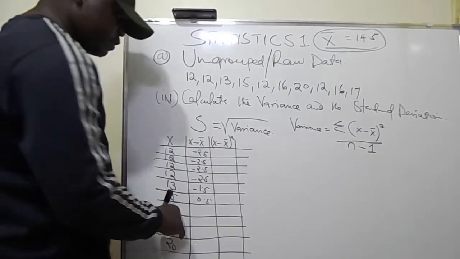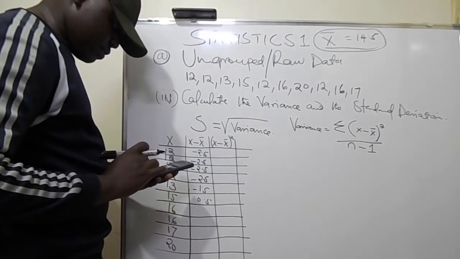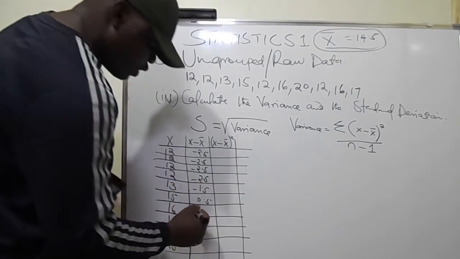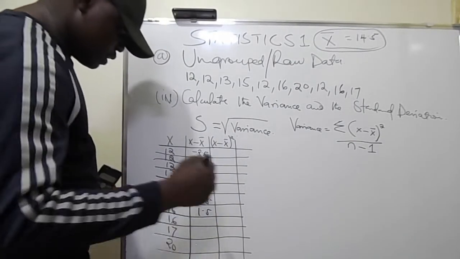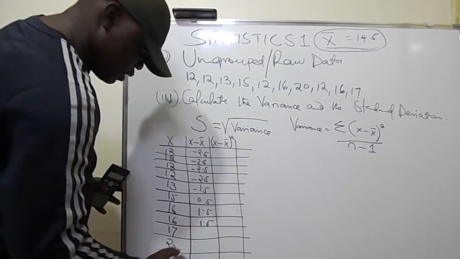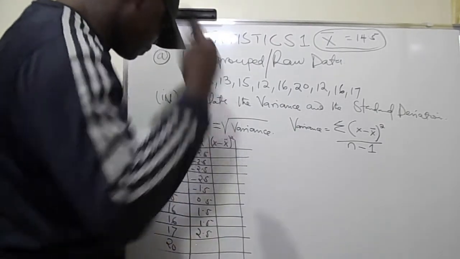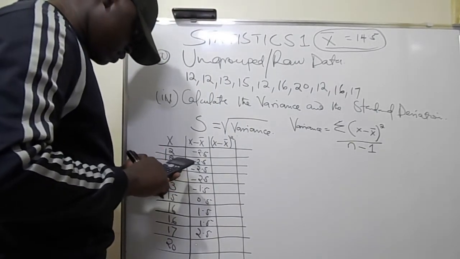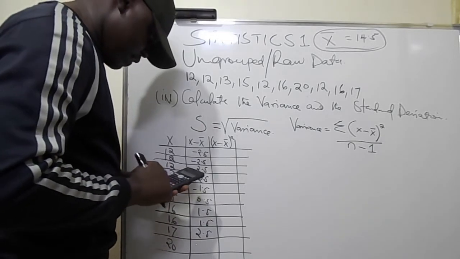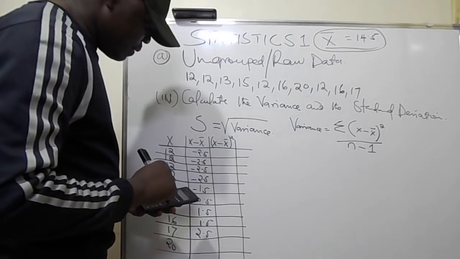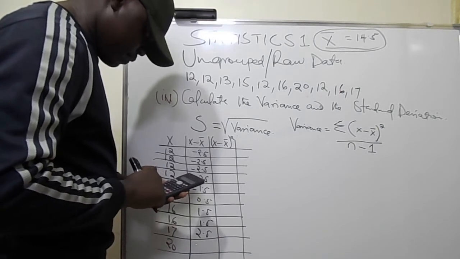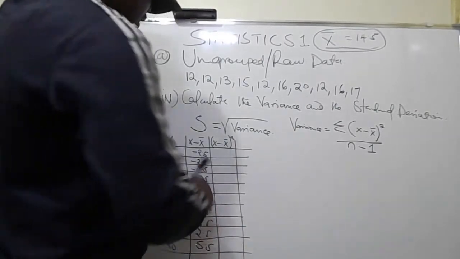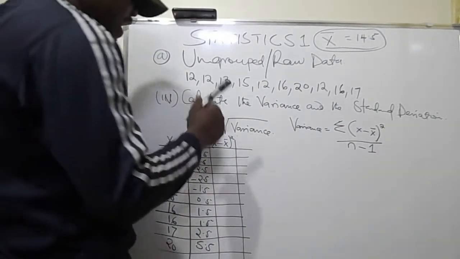Then 16 minus 14.5 is going to be 1.5. The next is 2.5. Then 20 minus 14.5 is going to be 5.5. Now this is the value of x minus x bar.